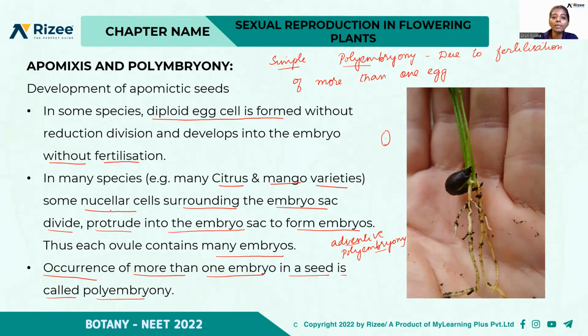In some cases, what is happening? Instead of the fertilization of more than one egg, the nucellar cells surrounding the embryo sac, where the egg is present, protrude into the embryo sac and form embryos. Which leads to the formation of many embryos.